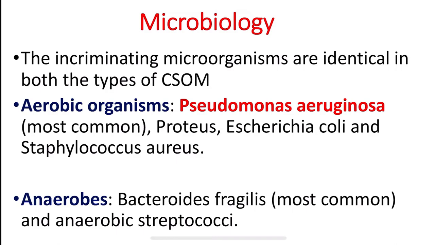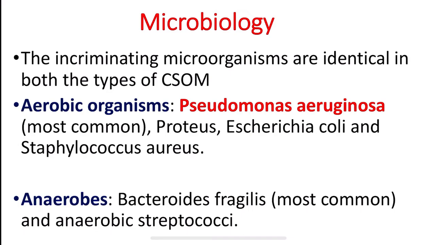The aerobic organisms: the most common one is Pseudomonas aeruginosa, then Proteus, Escherichia coli and Staphylococcus aureus. Anaerobes: Bacteroides fragilis is the most common. In aerobic, Pseudomonas aeruginosa is the most common one.